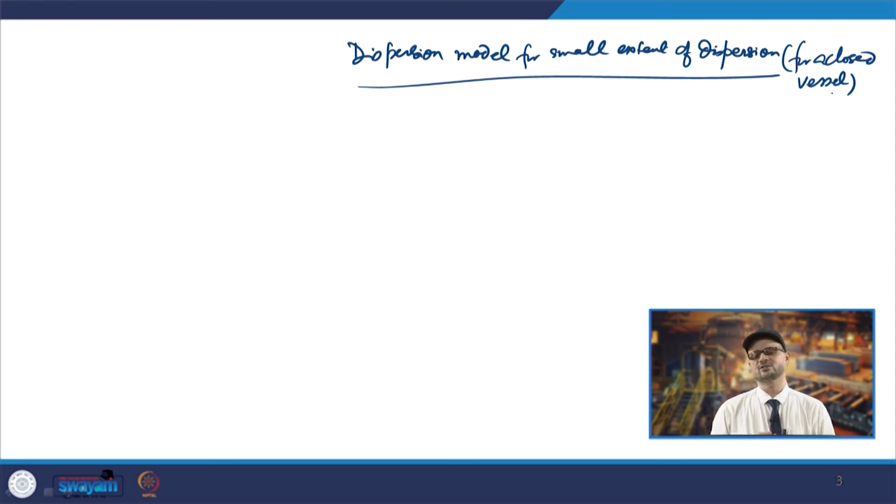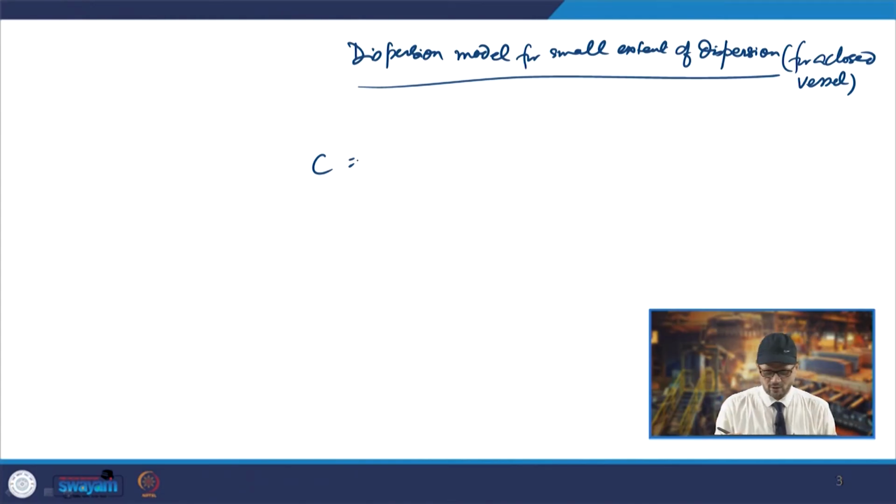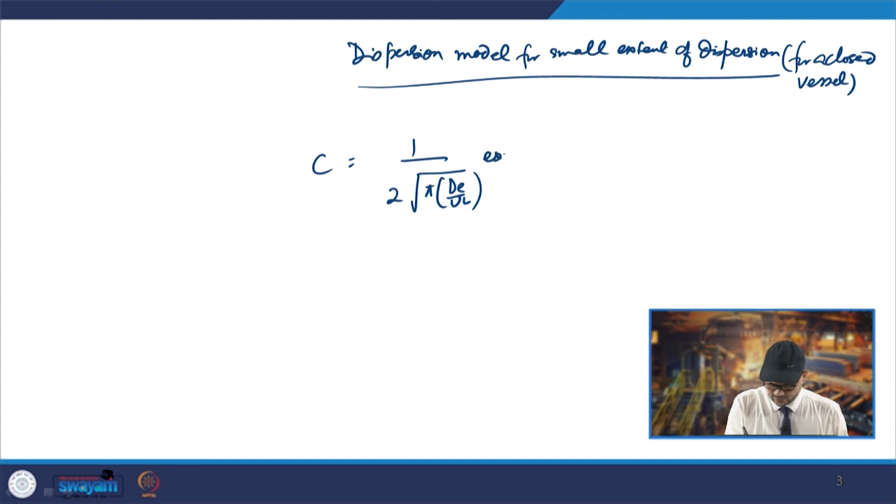In that case the C curve normally has a Gaussian type of profile. So, Gaussian type of RTD will be there when you have low dispersion, small dispersion, so your C profile will be like a Gaussian type of profile. And in that case if you solve that concentration equation, it has been found to be C equal to 1 by 2 root pi into dE by UL, then exponential of minus of 1 minus theta square divided by 4 into dE by UL.